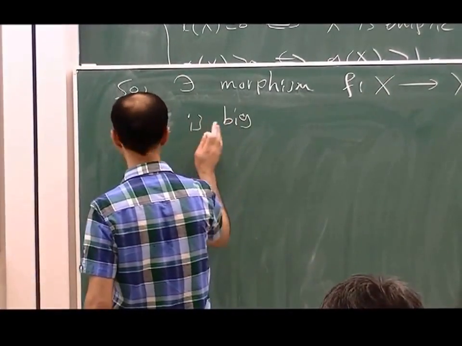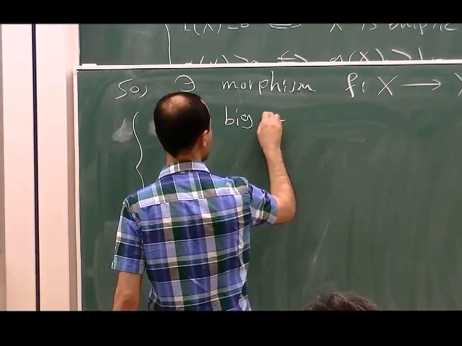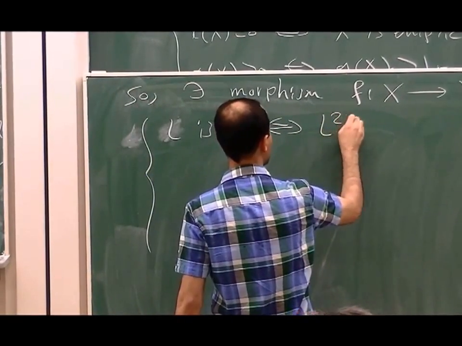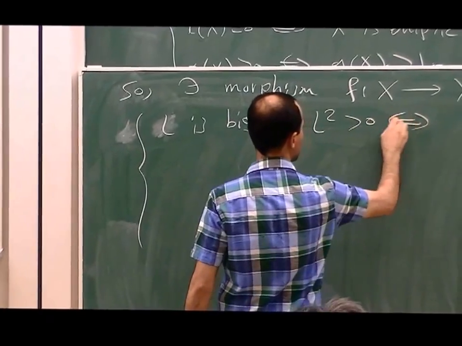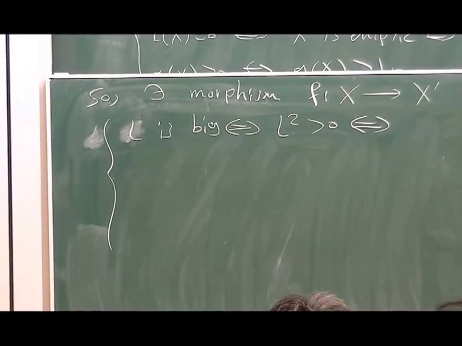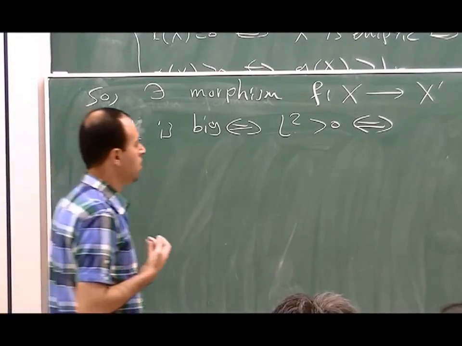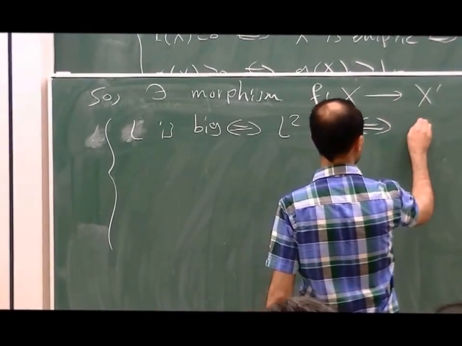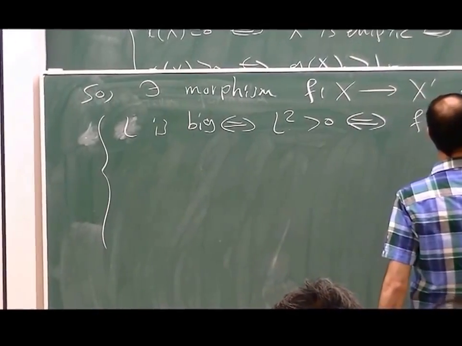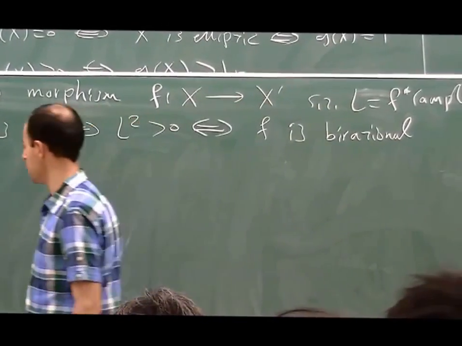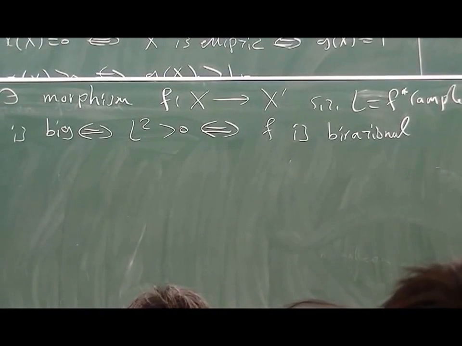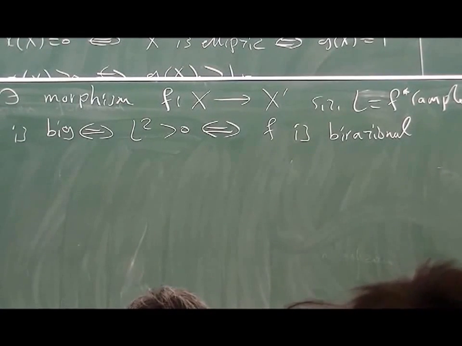Big, remember, means largest Iitaka dimension, but in this case you can also characterize it as just saying that its self-intersection number is positive. It looks like an ample divisor. But it's also the same as saying that f is a birational morphism. So this is one of the possibilities, that you just get a birational morphism.